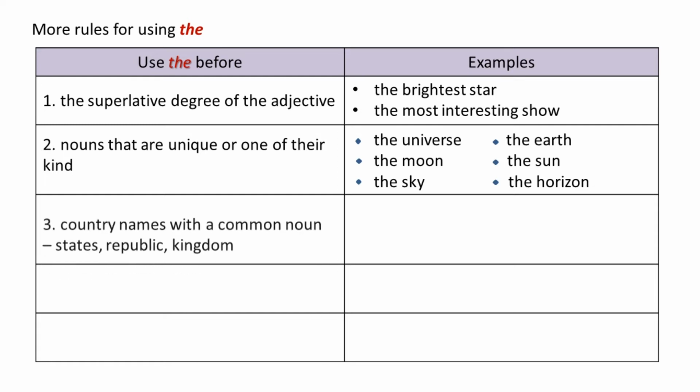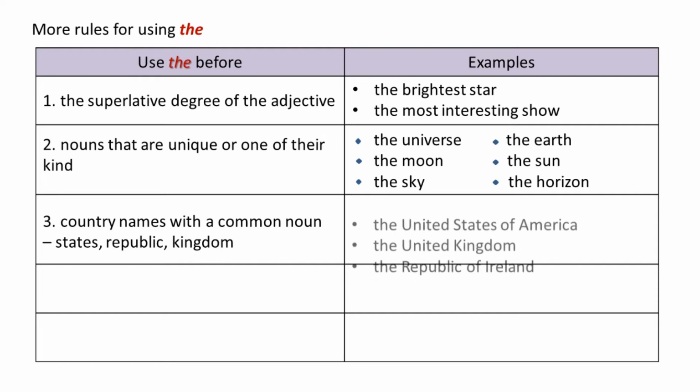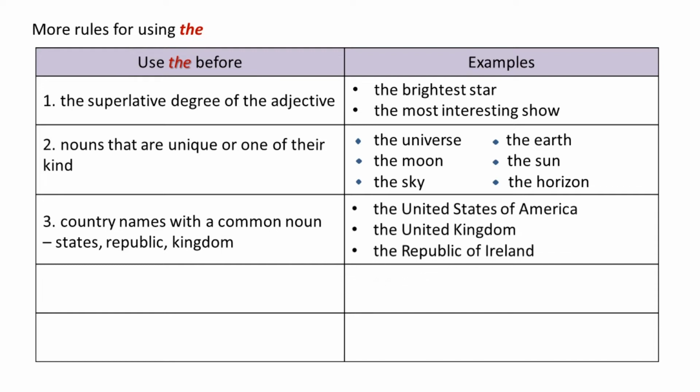Another rule is use the before country names with a common noun like states, republic, kingdom. For example, the United States of America, the United Kingdom, the Republic of Ireland.